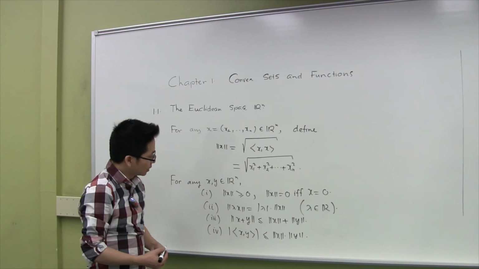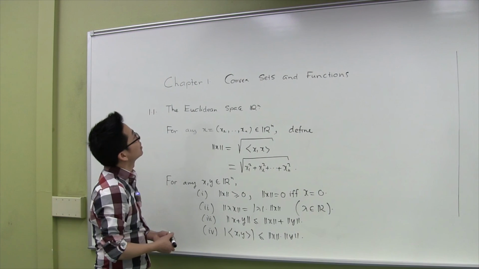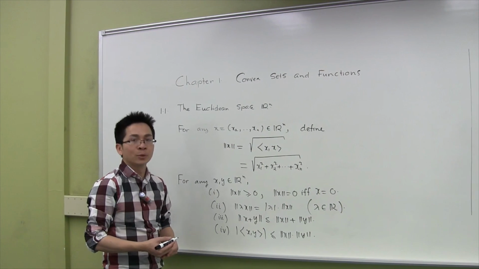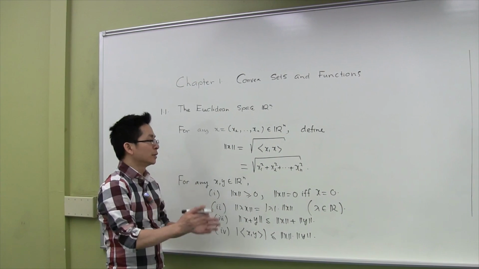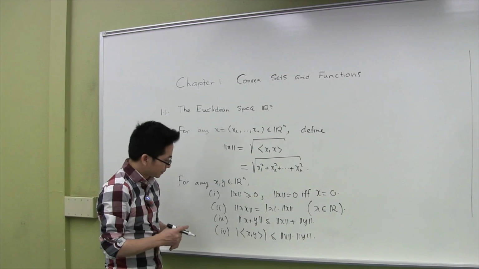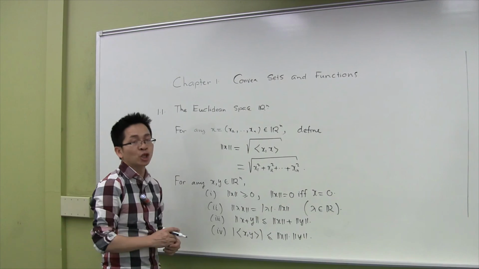Okay, so in the next section, I'm going to talk about the definition of convex sets and their important properties based on the operations in Rn and also the inner product in Rn as well as the Euclidean norm in Rn.